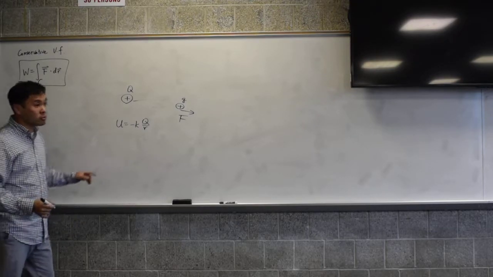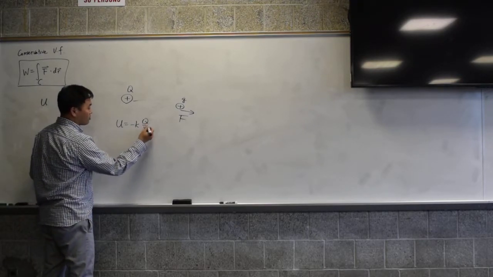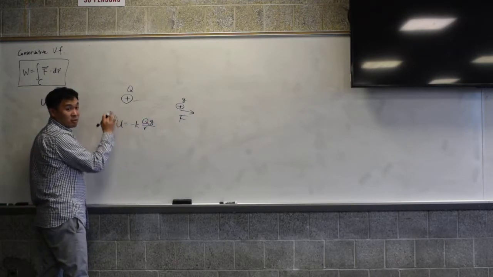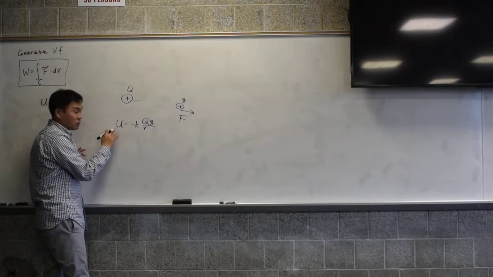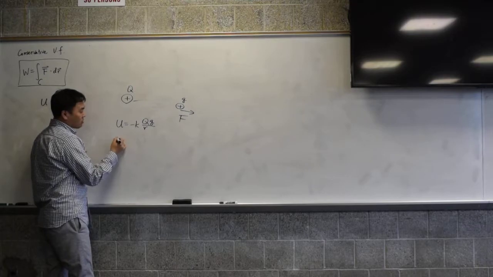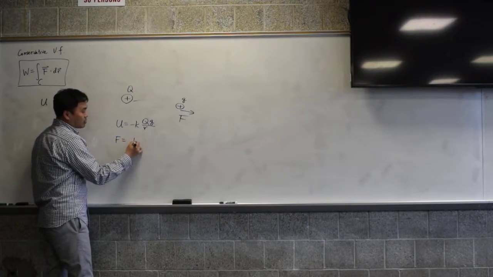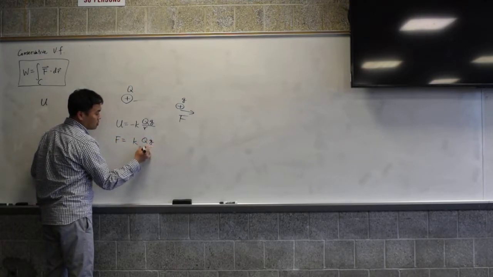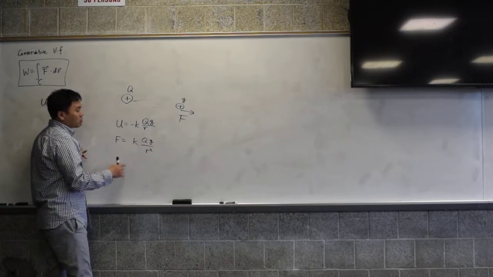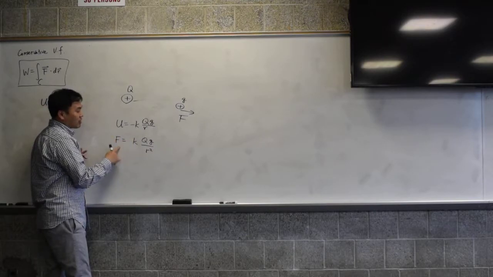And then what's Coulomb's law? Oh, sorry, it should be Q, because without the Q, it would be the electric potential. This is electric potential energy. And then the force is given by Coulomb's law, right? Force is K times QQ over R squared. And the relationship between these two is that you get this by differentiating this.